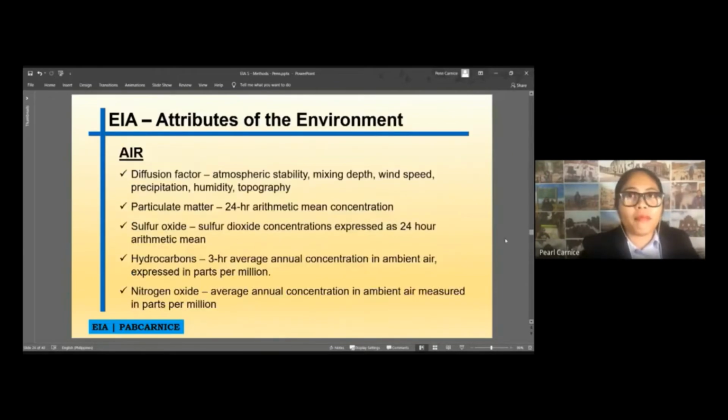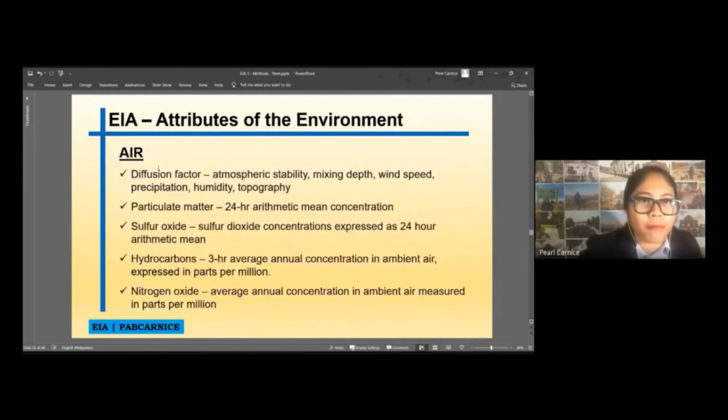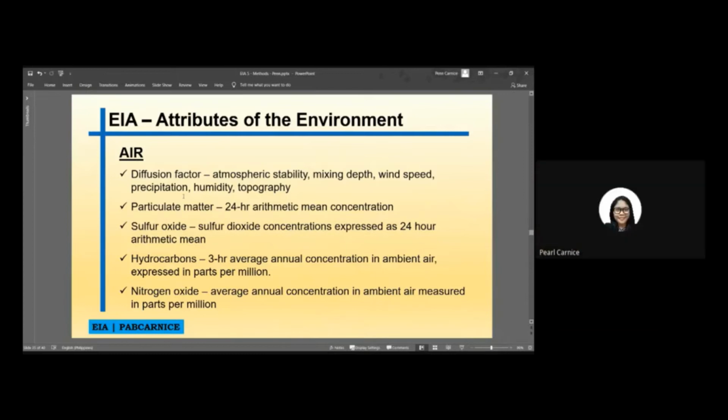So with the physical, of course, it will involve the air. This belongs to the attributes of the environment. So we can have the diffusion factor, the atmospheric stability, mixing depth, wind speed, precipitation, humidity, topography. We can also have the particulate matter, which is the 24-hour arithmetic mean concentration.